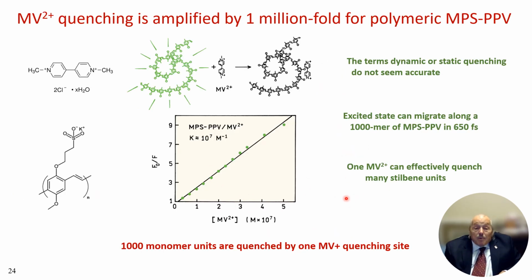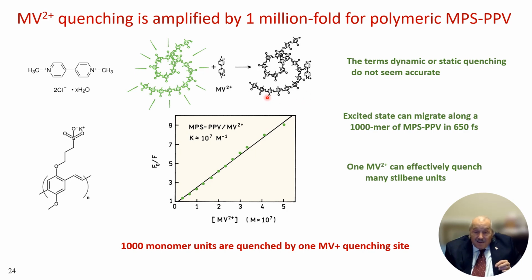The brilliant part of the experiment was using this long chain that had thousands of stilbenes on it and quenching it with methyl viologen. I don't think I would have expected this result, but binding just one methyl viologen to this chain can quench 1,000 monomer units.